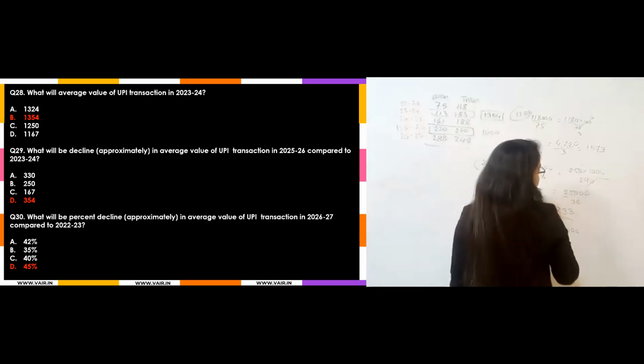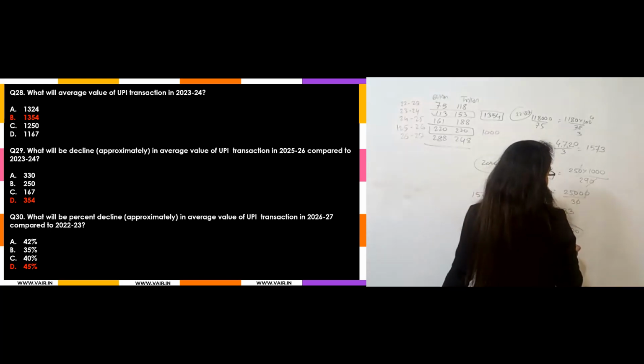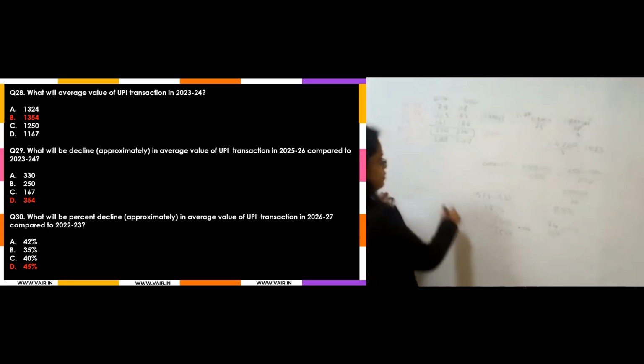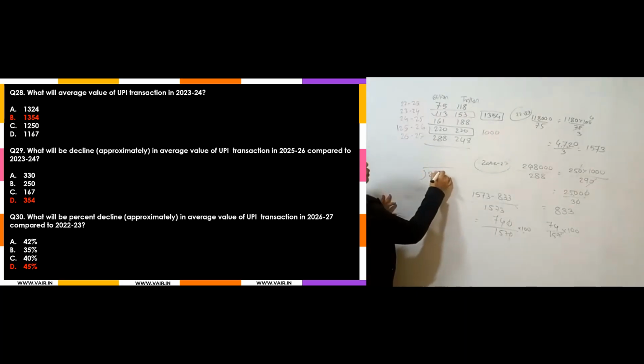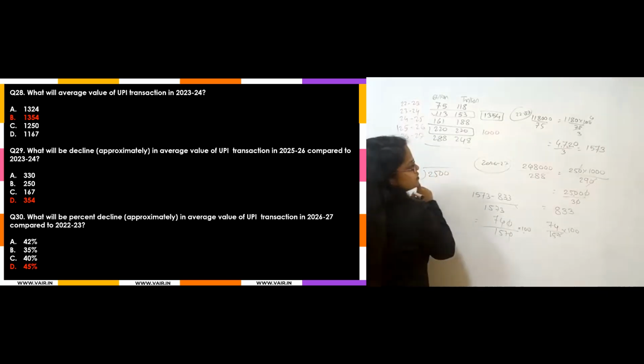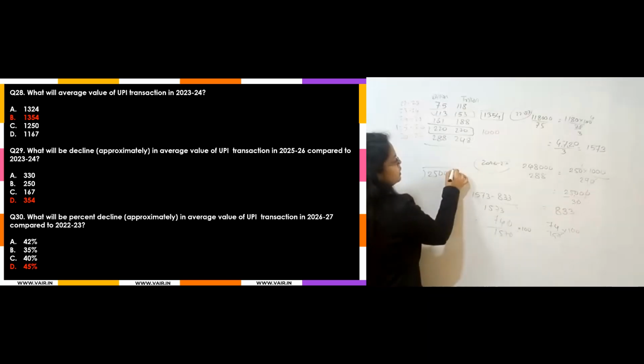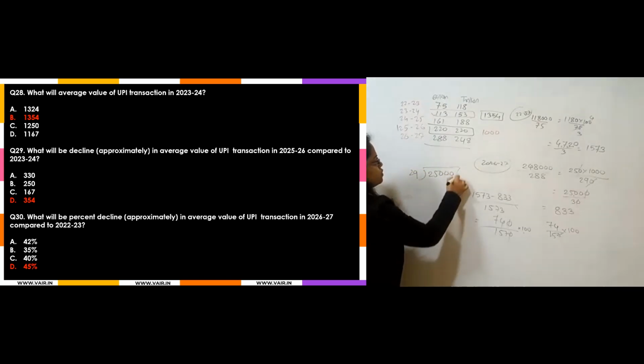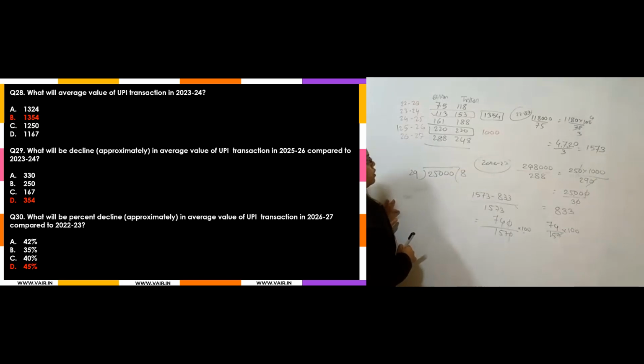Is it okay if I take it as 833? 29 8s will be, wait, let me do this one. Suppose I do it 250 and this was 1000 divided by 29. Okay. So 29 8s is equal to 232.